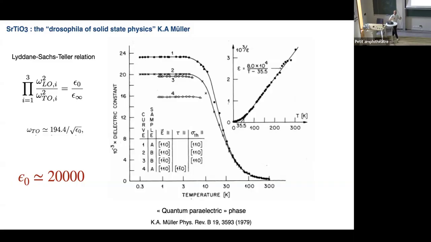So this is a transverse optical mode, sorry, and then you have a longitudinal optical mode. Okay. So this is just your phonon frequency. So this ratio is essentially a measure that is linked to the energy of the LO mode and the epsilon infinity. Okay, so here we have no electrons. I'm talking about just the insulator.